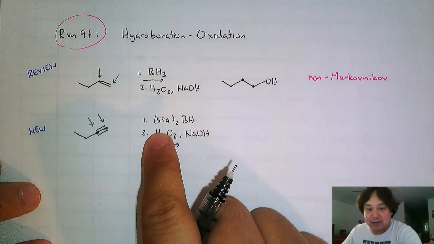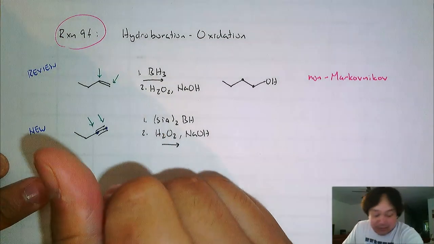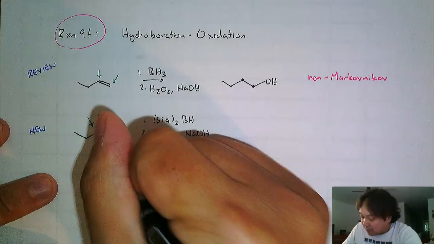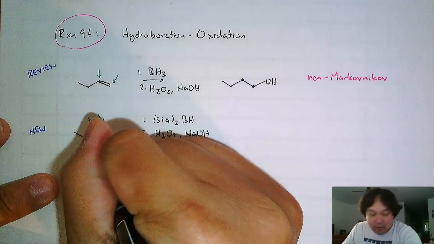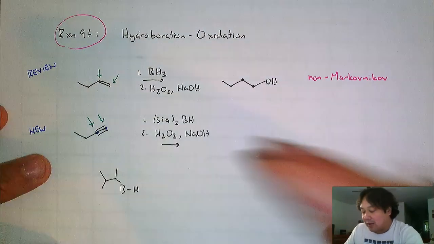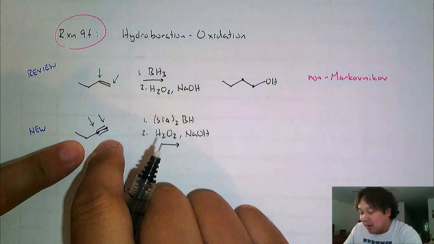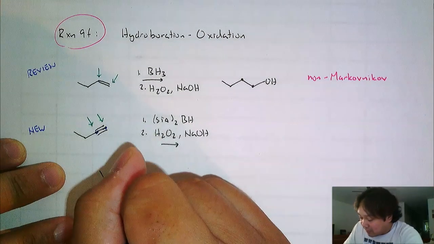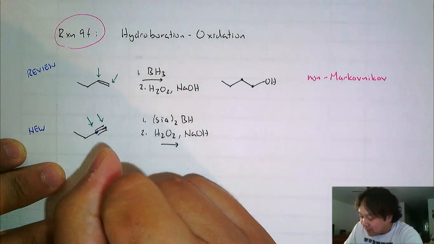This SIA looks like this, BH. It's a bulky group. Chemists developed this bulky group to make sure that the molecule follows non-Markovnikov. It just accentuates the selectivity.